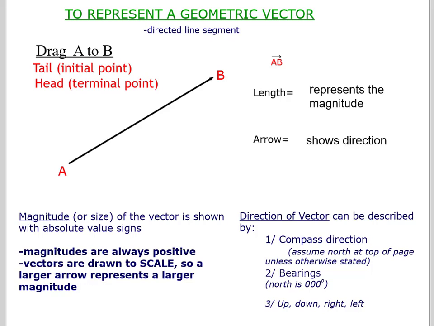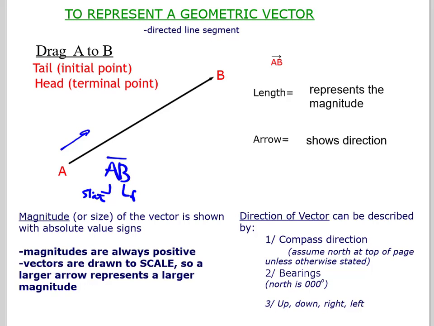To represent a vector, we will use an arrow. The tail is where we start, or the initial point. The head is the pointy part, that's the end. So if we were to draw an arrow from A to B, going in this direction, that would be how we define this vector. It's vector AB. This is where you start.